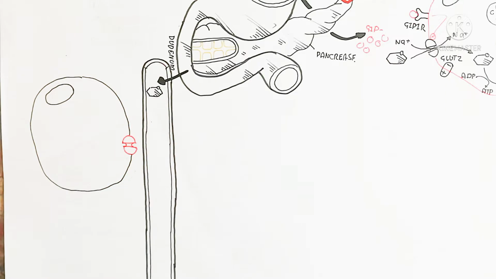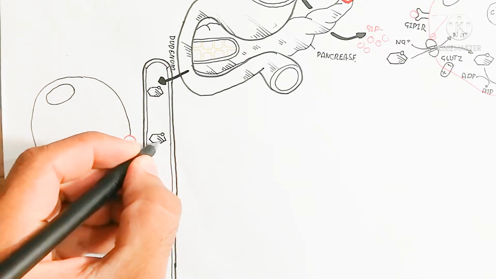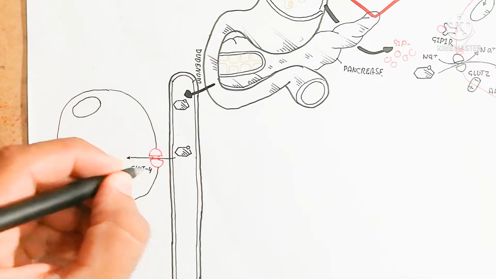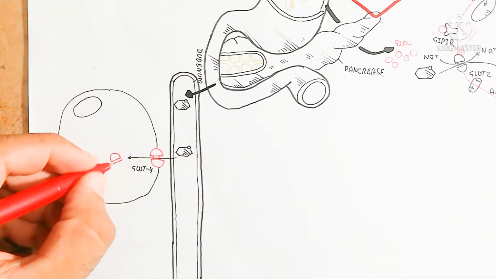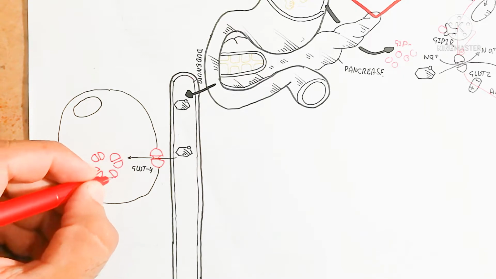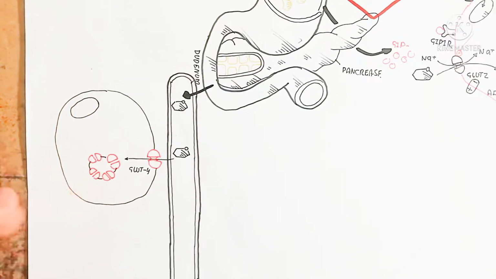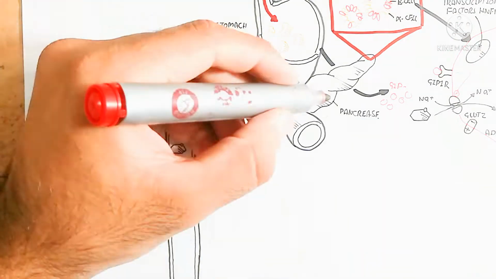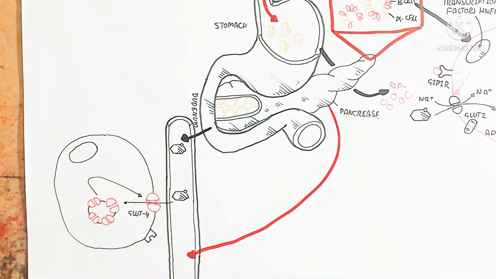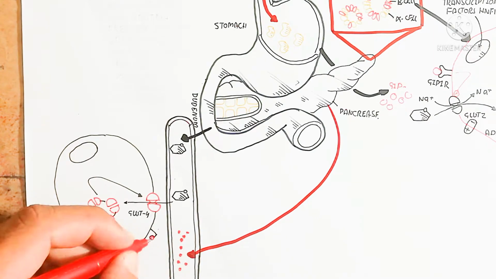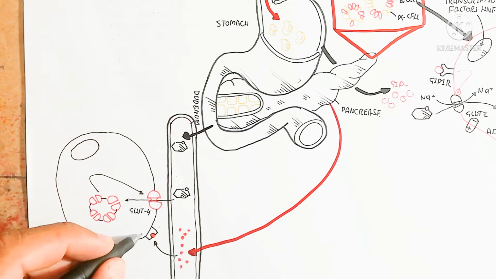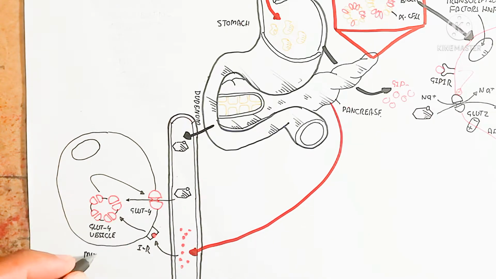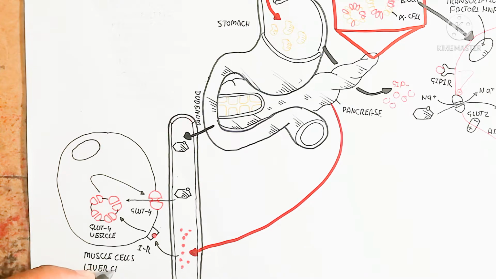Here you can see the GLUT4 channel is present in the muscle cell, liver cell, as well as adipose tissue. This is the healthy condition. Inside is the GLUT4 vesicle, which contains GLUT4 transporter channels. After stimulation of the insulin receptor, which is coupled to a G-protein signaling pathway, the GLUT4 vesicle is triggered to increase.